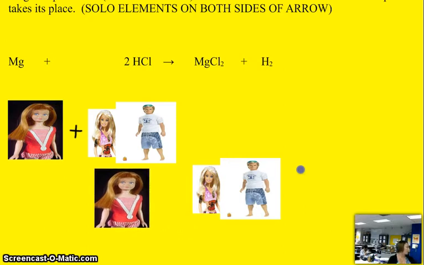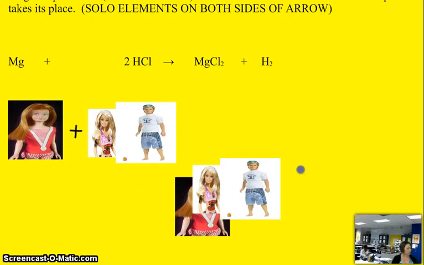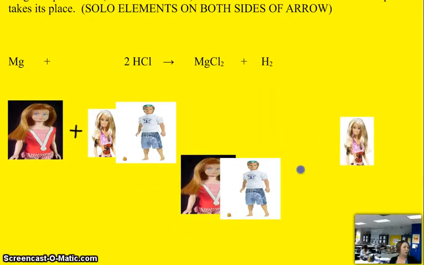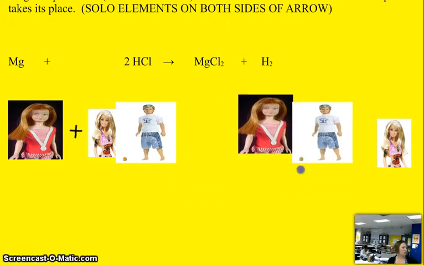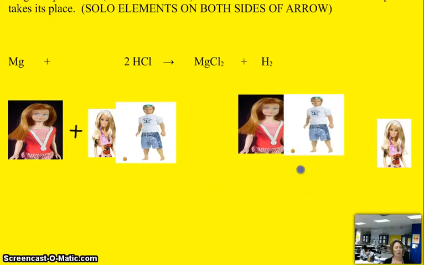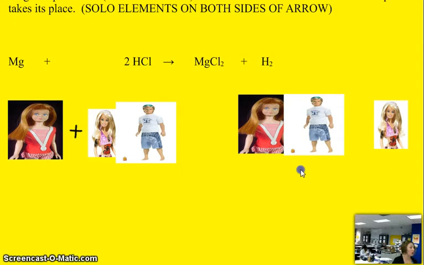What ends up happening is this element comes into the picture and kicks Barbie out. Okay, so now Skipper, or whoever that is, is with Ken, and now Barbie's all by herself.